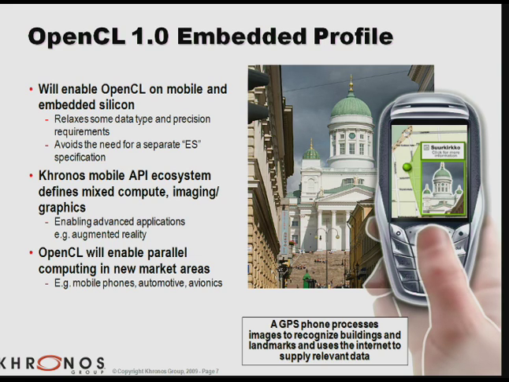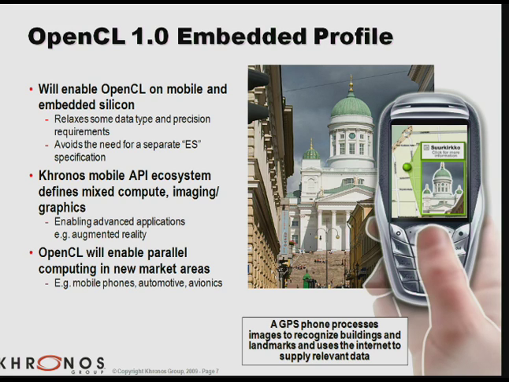A couple of things to put OpenCL into context. Kari from Nokia will talk a little bit more about this, but OpenCL already includes an embedded profile, which is designed to enable OpenCL to ship on embedded and mobile devices sooner than you might expect.